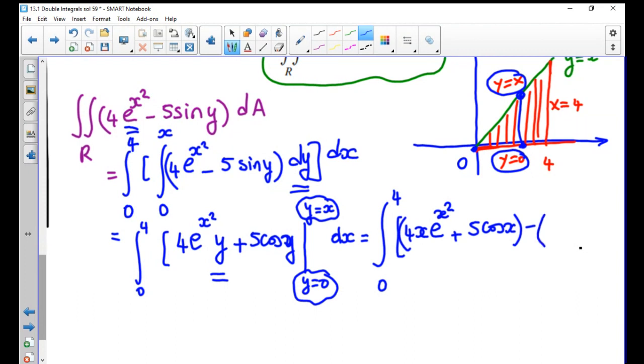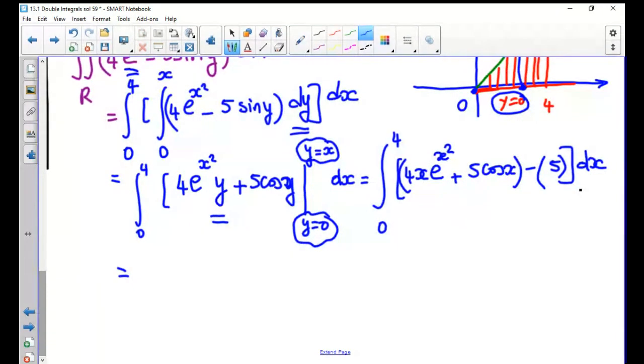The first term will be 0, and the second term will be 5.